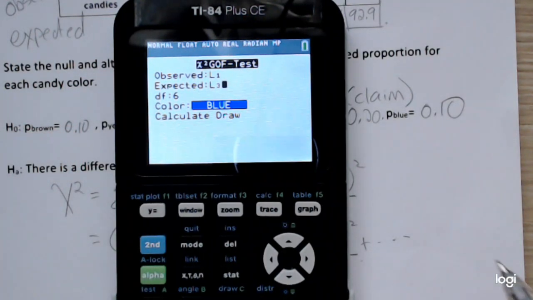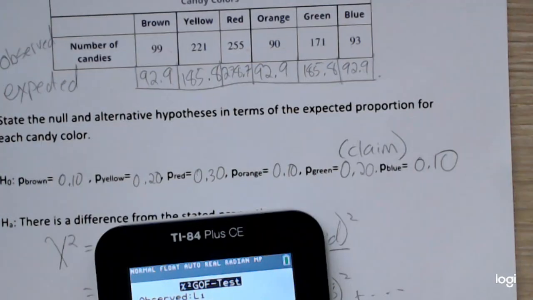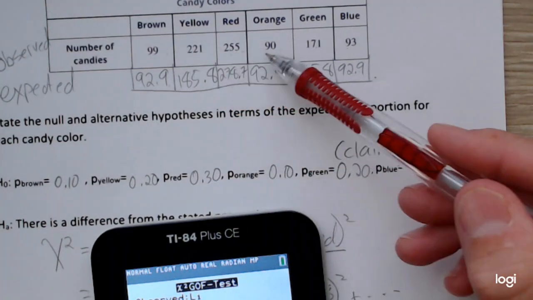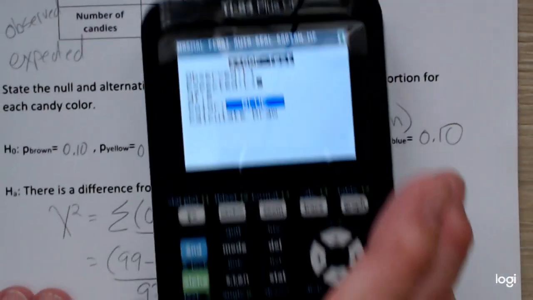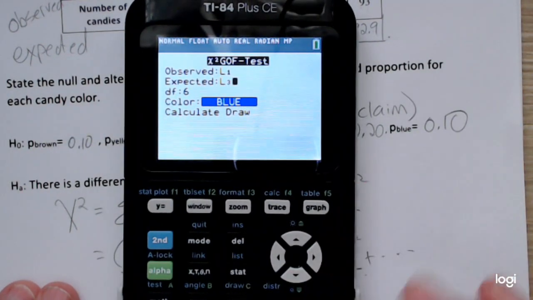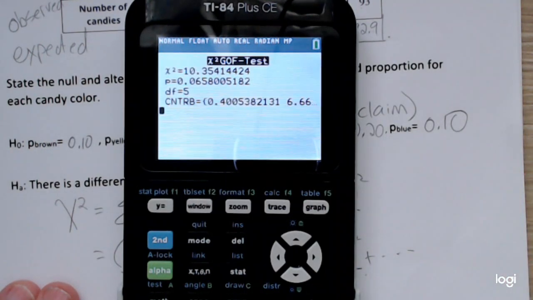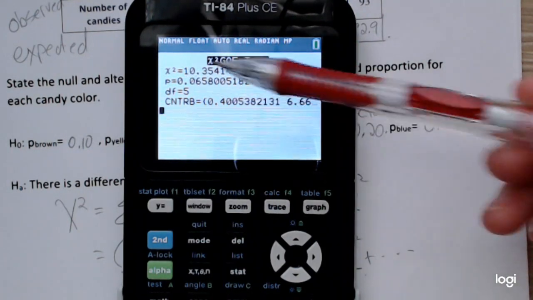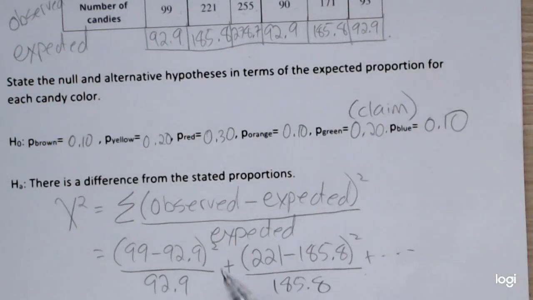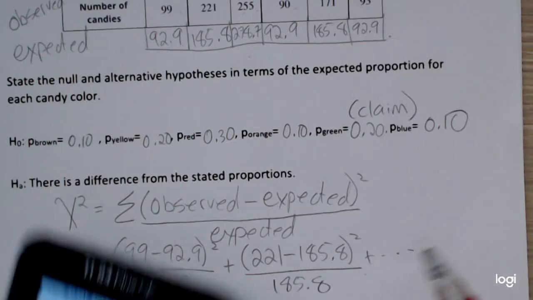And the degrees of freedom, this DF here, is the number of categories minus 1. So I've got 1, 2, 3, 4, 5, 6. So I have 6 categories, so that makes the degrees of freedom 5. And I'm going to calculate. So the calculator will do this summation for you.